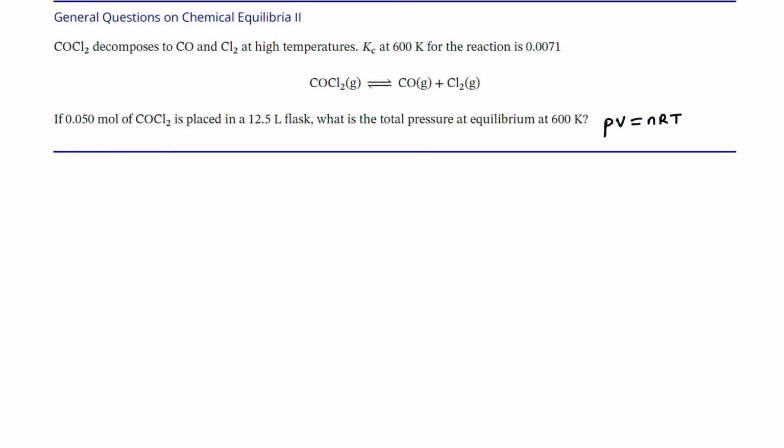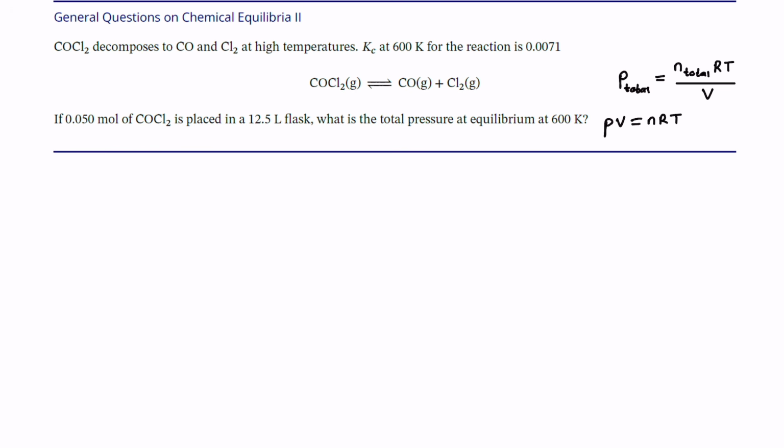And if we rewrite this to say that P total, which is what we're after, is equal to n total RT divided by V total, then we see V total is not the issue because it is just the volume of the flask.